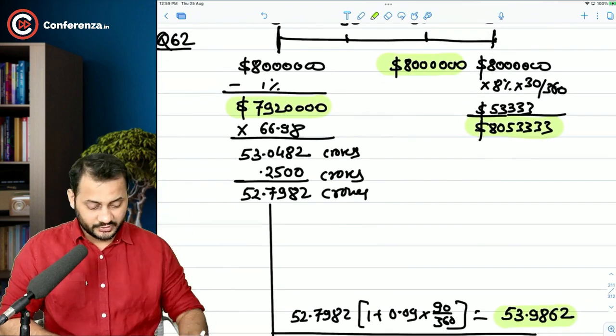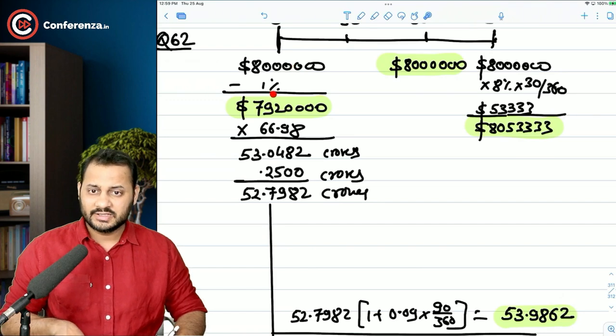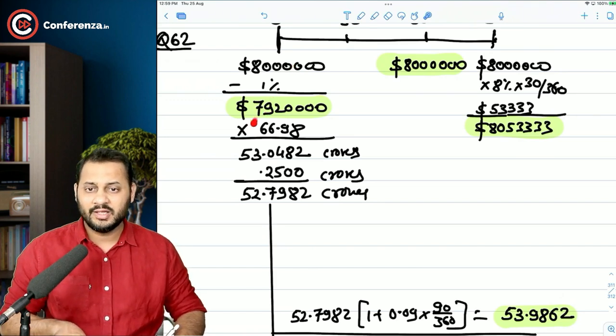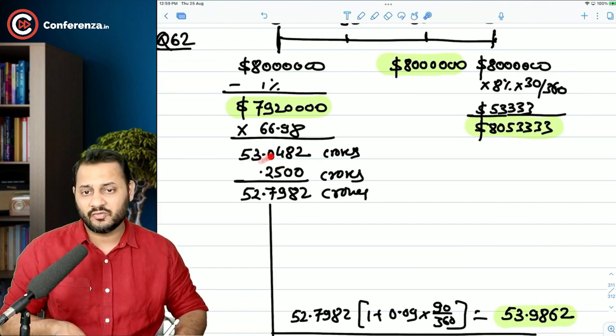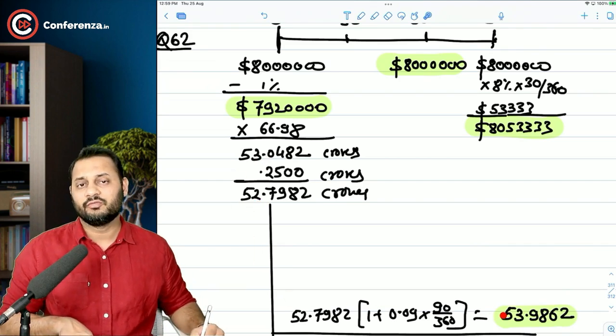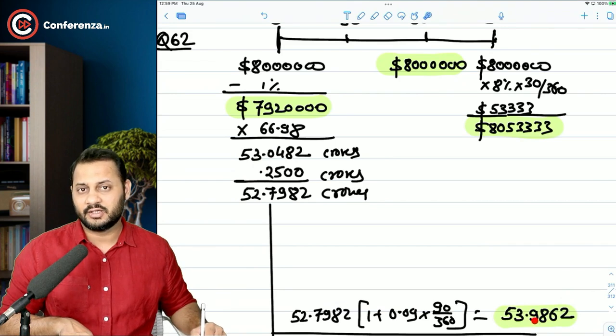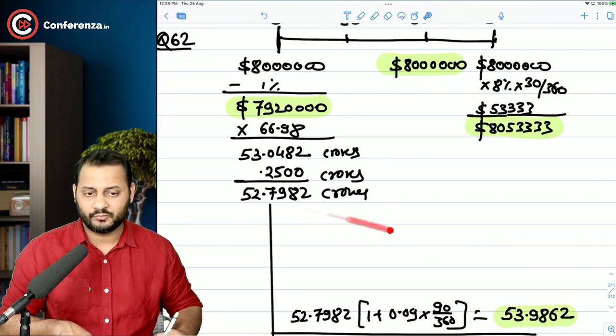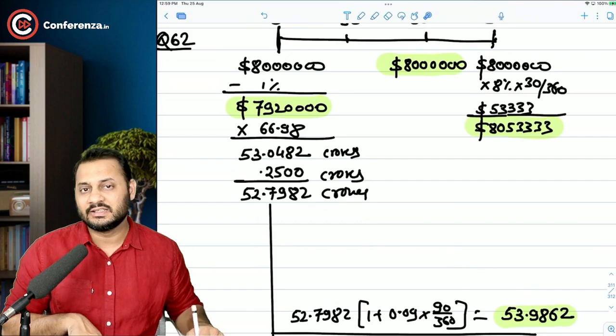This is the first option. This is how much you have to pay at the spot rate. We already have 25 lakhs with us out of the required amount. So the loan required is this much. So the net outflow will be this much only: 53 crore 98 lakh 62,000. The rest amount was used by us.